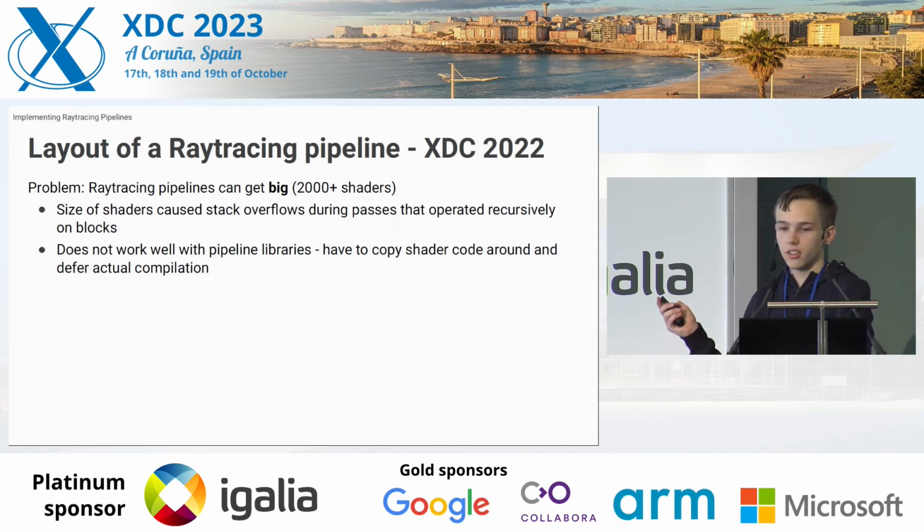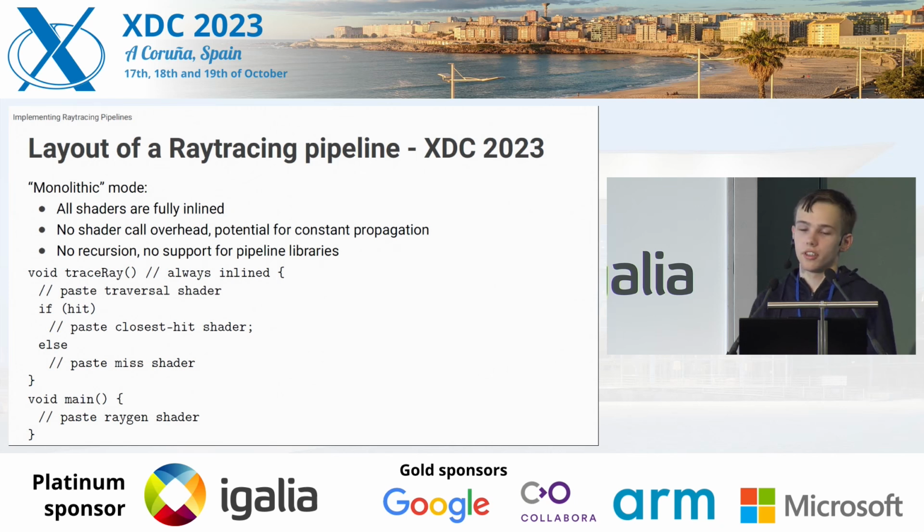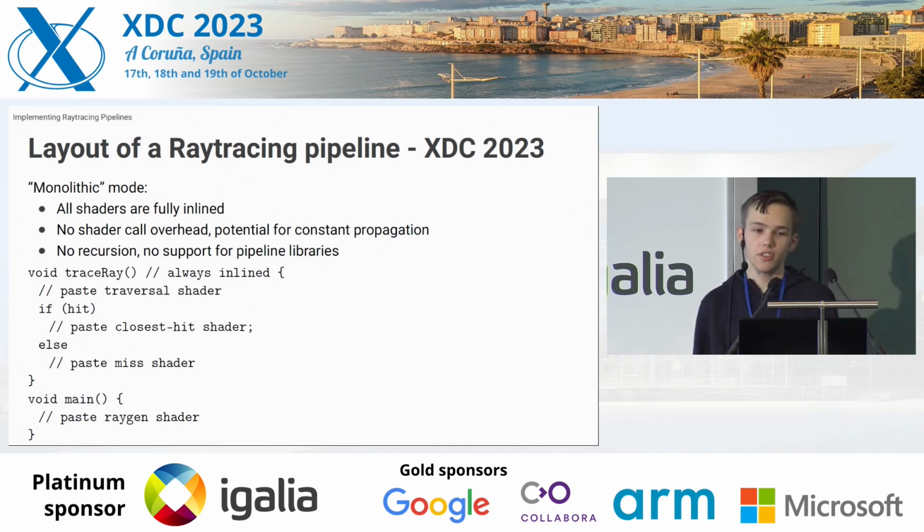So nowadays we have two different modes for compilation. The first mode is the monolithic mode, which in many ways is pretty similar to the XDC 2022 mode. But the most stark difference is that we don't support recursion in this mode. So we can just copy-paste all of the shaders at the sites where they're actually called, instead of having to do this while loop thing.